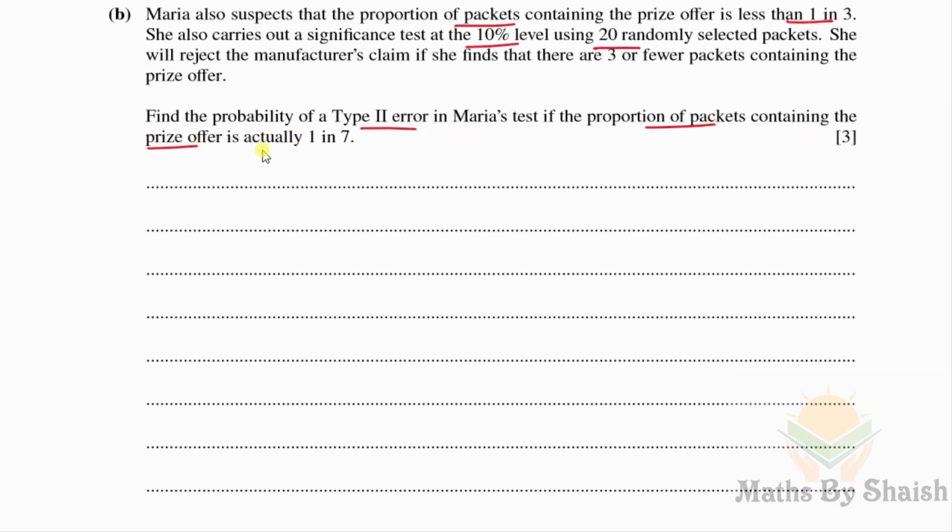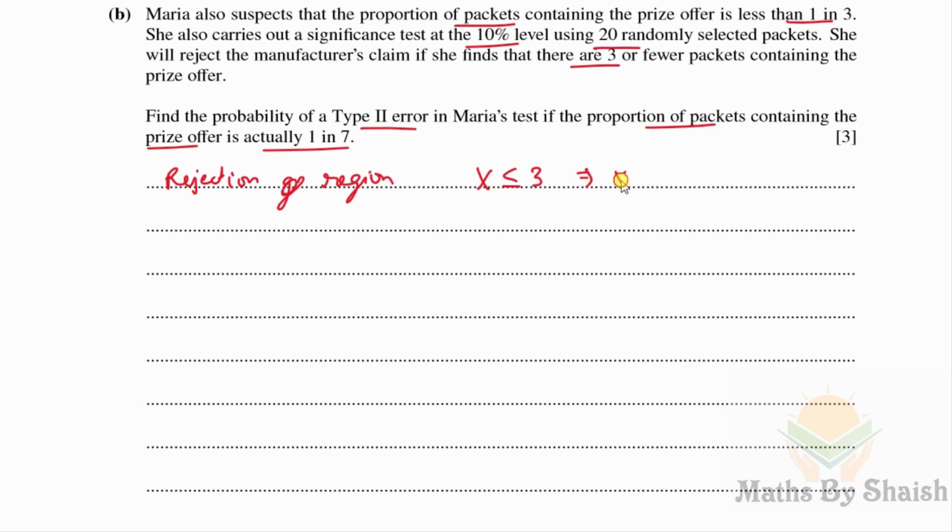actually 1 in 7. So it's given that she will reject the manufacturer's claim if she finds that there are 3 or fewer packets. So the rejection region we can write from here. Rejection region is going to be x less than or equal to 3.